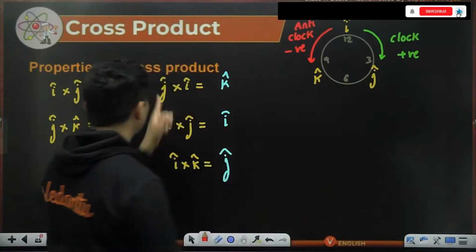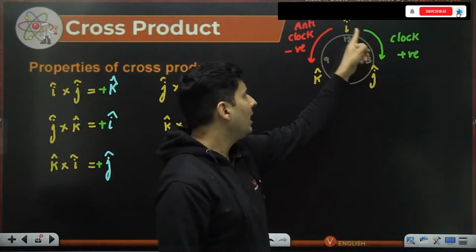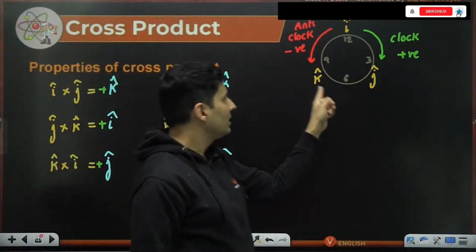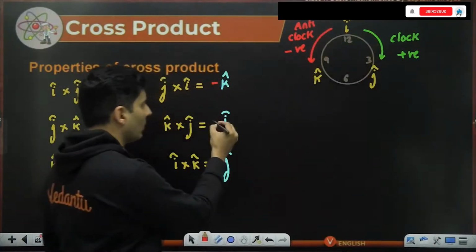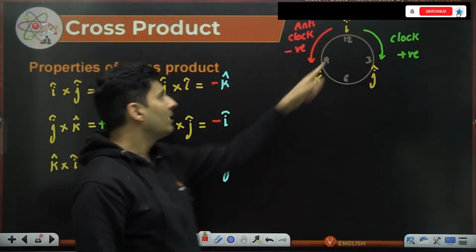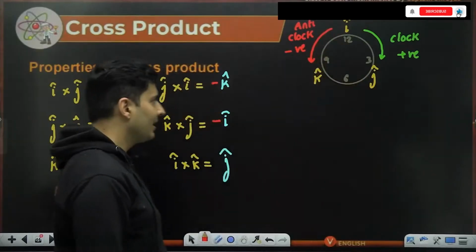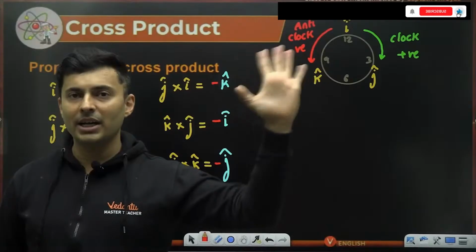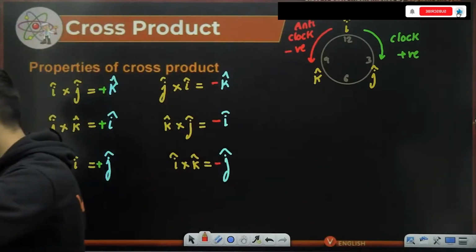But J into I is anti-clockwise, so negative. K into J is anti-clockwise, negative. I into K is again going to be negative. Is this clear? It's a very easy way to remember if you think clockwise and anti-clockwise.